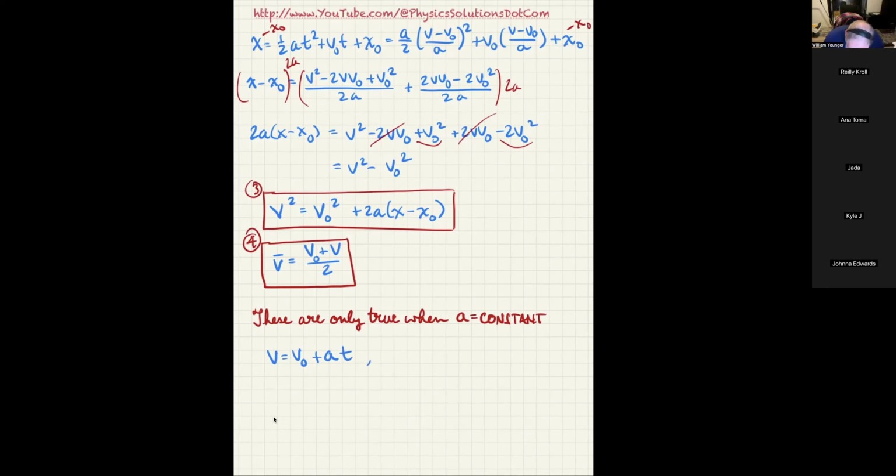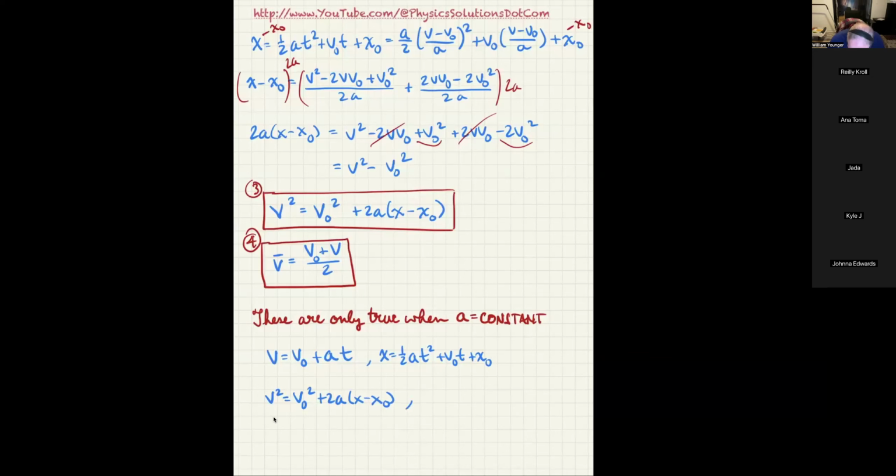Another equation we got was x is equal to 1 half a t squared plus V0 t plus x0. Another equation we got was v squared is equal to v0 squared plus 2a times x minus x0.